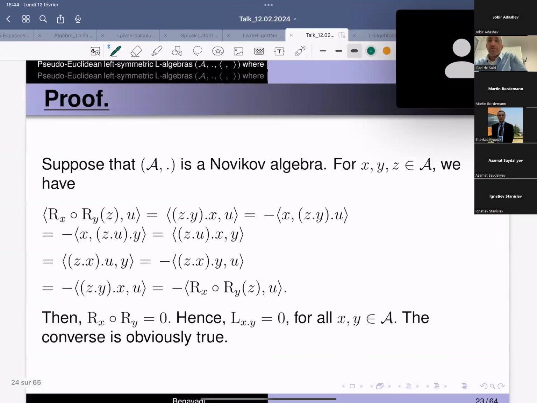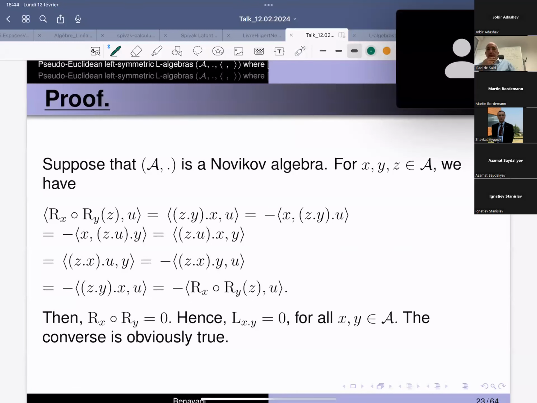It's just some calculation using the scalar product and the invariance under left multiplication. You have this one, and this one. If we take this one here, you have -1, and here you have this one.